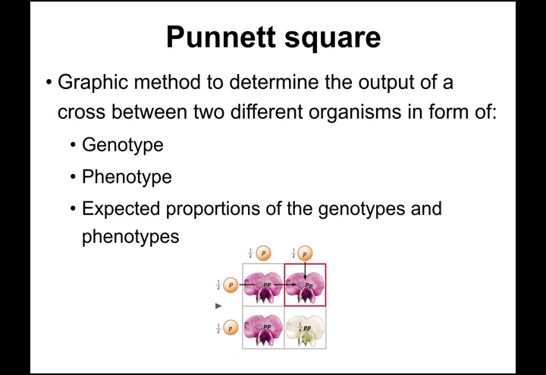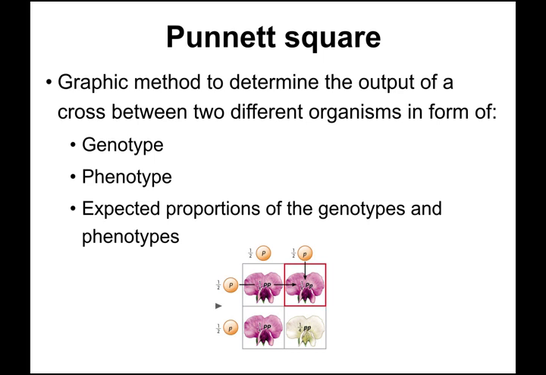I discussed this in the lecture about Mendelian genetics, but just to remind you, the Punnett square is nothing else than a graphic method to predict the generations of the genetic makeup, so the genotype, the phenotype, and the ratio between phenotypes that you will get if you cross two individuals of known genetic makeup, so genotype.